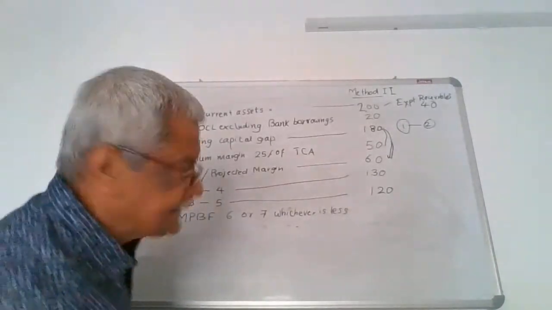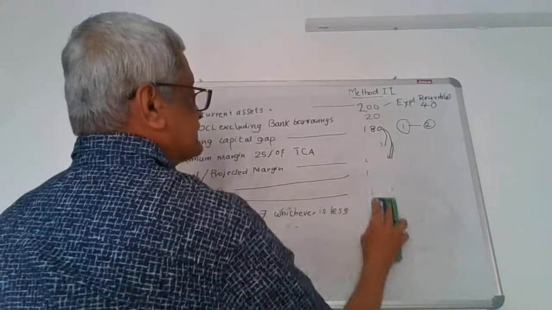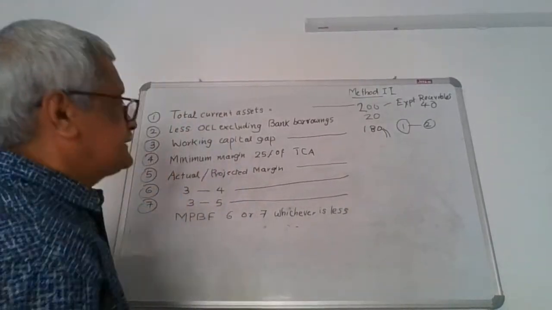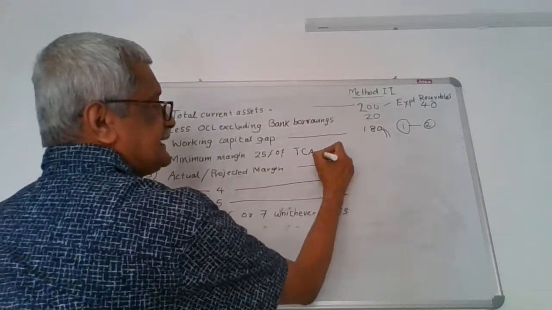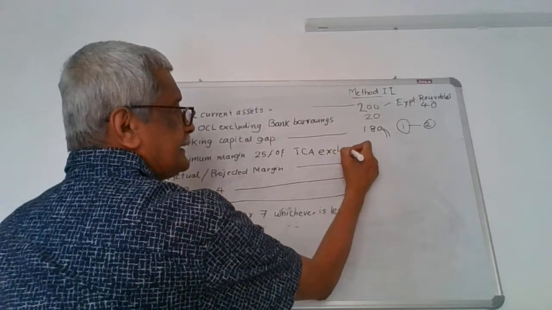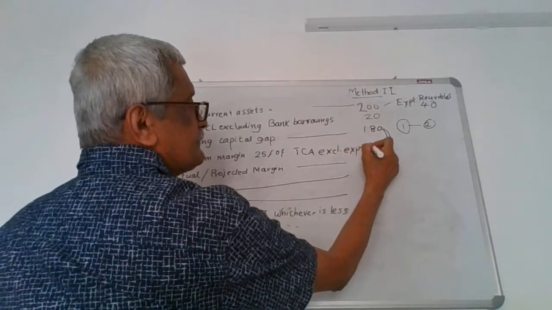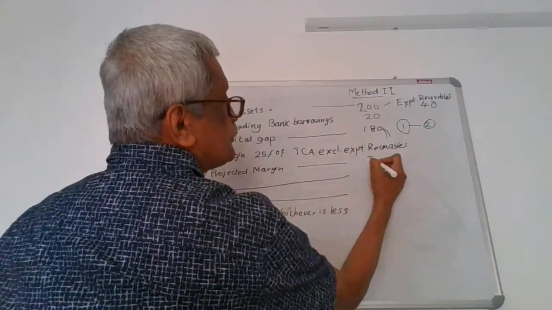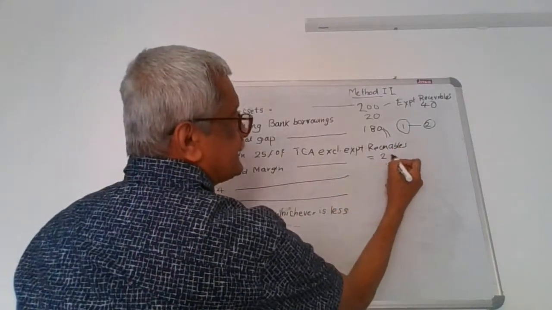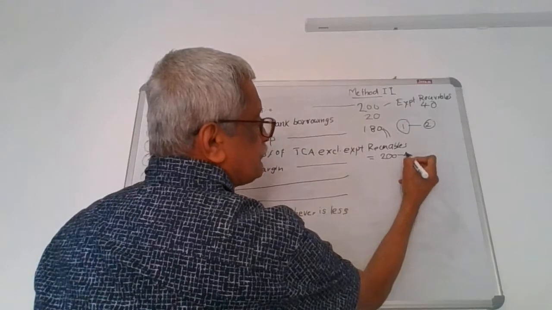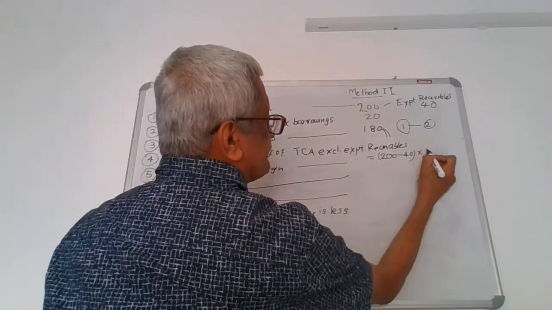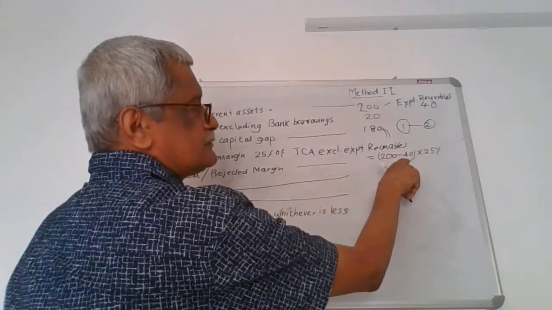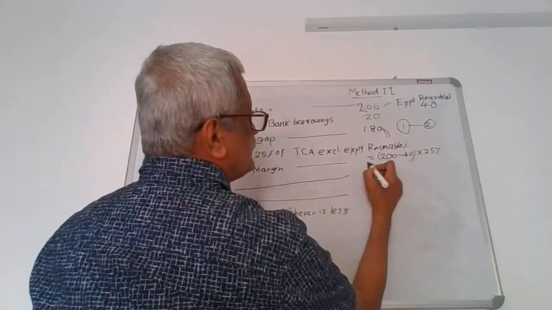Now here in this case, up to this everything remains the same. Here 25% of the TCA excluding export receivables, which will be equal to 200 minus 40 into 25%. That means 200 minus 40 is 160. This will be equal to 40.